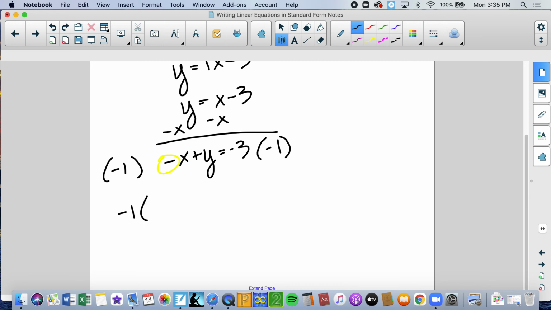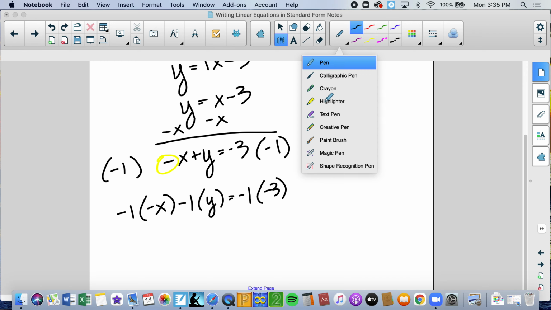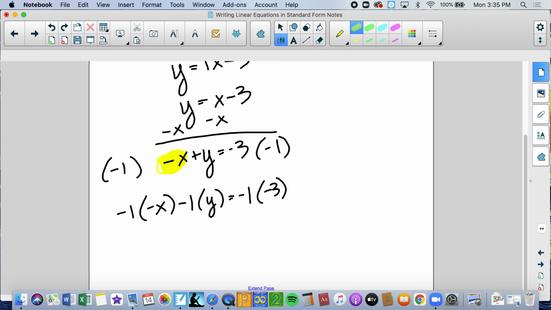If we multiply -1 times -x, minus 1 times y, equals -1 times -3. You see that I multiplied each of the pieces, the first term, the second term, and the constant over here. I multiplied everything by -1.